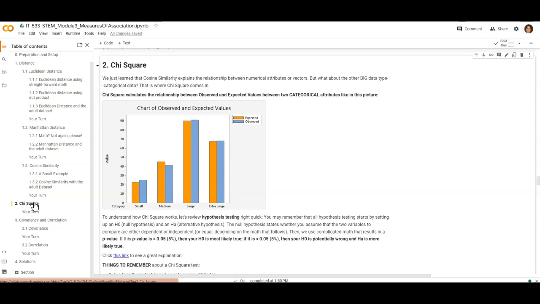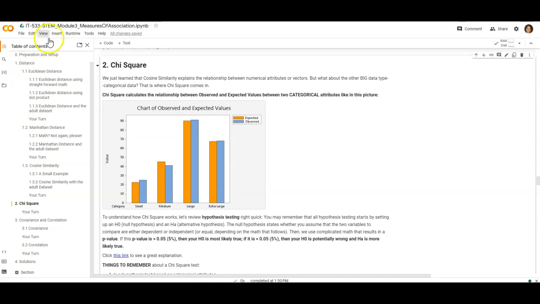We're going to talk a little bit about not numbers, but about categorical attributes, because certainly we've learned how to transform categories into numbers, but at the same time, does it always make sense? And can we actually treat categorical attributes as attributes that we can compare? And the answer to that is yes, we can.